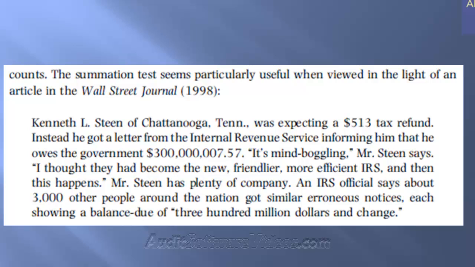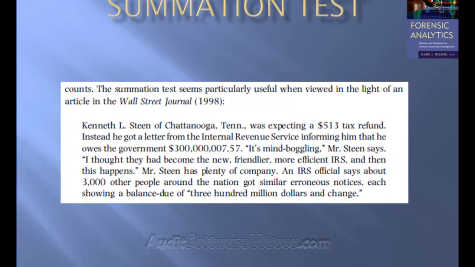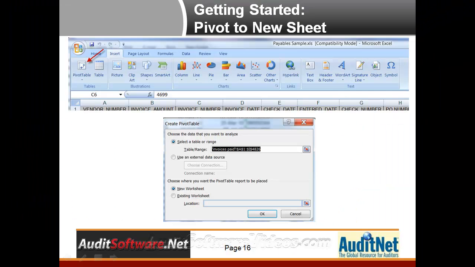And if we had taken a look at the digit patterns at the 30 mark and the percentage of the total value that was summed, especially given that it sounds like many more people were given this $300 million check, it wasn't just one person. So the summation test would have found that, and again, you'll see that as we go through the example, but I thought this was just a great example of that.